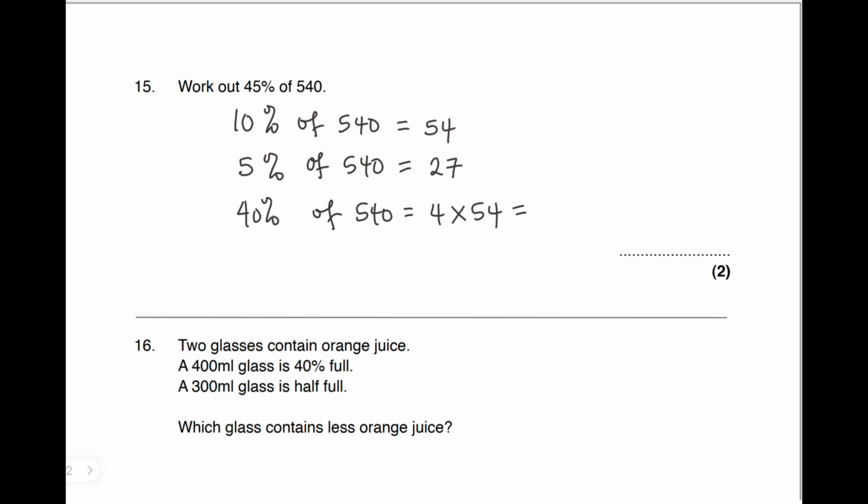So if 4 times 50 is 200, and 4 times 4 is 16, so that will be 216. So that will make 45% of 540 equal to 216 added together with 5%, which is 27. And that is going to add up to 243.